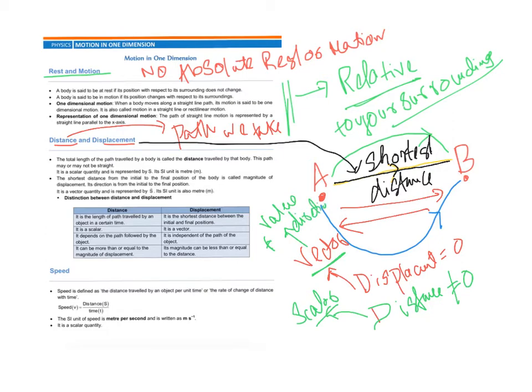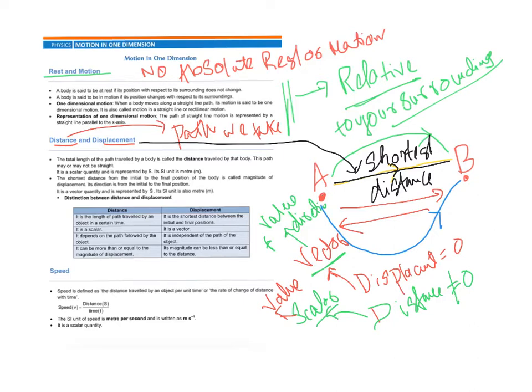A scalar quantity just has value, just a number. If I say 5 kilometers, it is a number. But if I say 5 kilometers northeast, from north towards east, when I'm traveling, sorry, it is displacement.